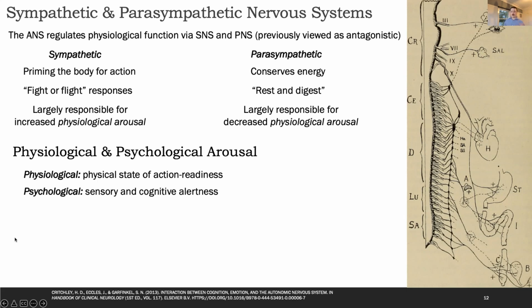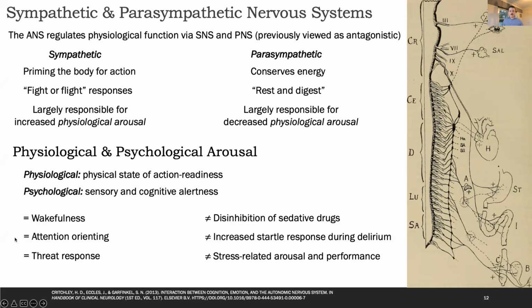And when we talk about arousal, you will often hear people talking somewhat interchangeably about physiological arousal and psychological arousal. So physiological arousal is the physical state of action readiness, whereas psychological arousal refers to sensory and cognitive alertness. Now, in many cases, these two things are working in concert. So during wakefulness, for example, you have high physiological arousal and high psychological arousal.